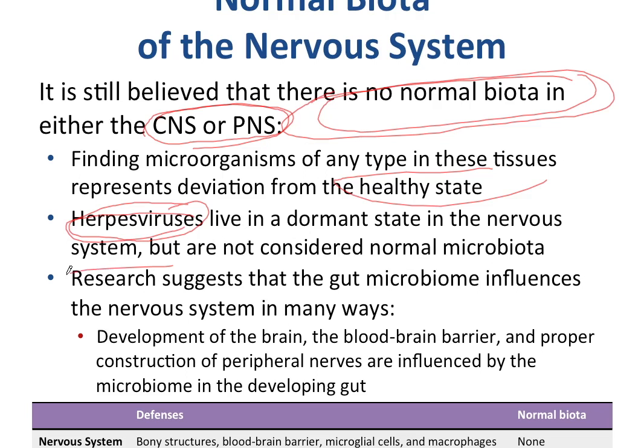However, scientists have found that microbes in the GI tract can influence the nervous system.